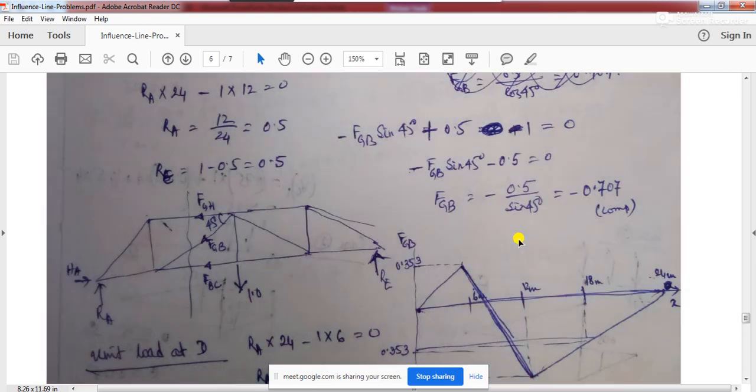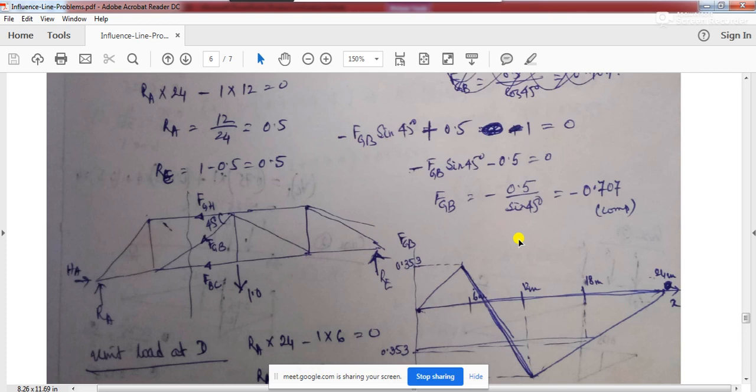Now if multiple loads are moving, if a series of concentrated loads are moving on the truss, then what will happen? Exactly the same process we have discussed in the case of the beam member, that you will have to follow.